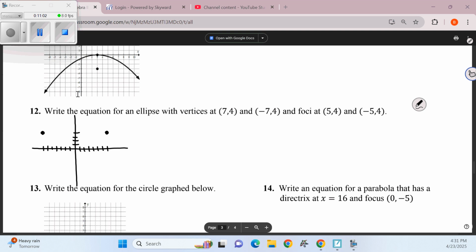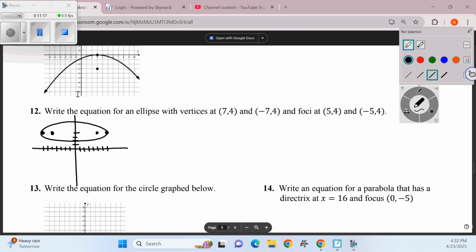And because the focus points are over 5 up 4 and back 5 up 4, I know that this thing is elongated in x. That tells us we've got a center right here in the middle. So the center must be right here in the middle of them at 0, 4.